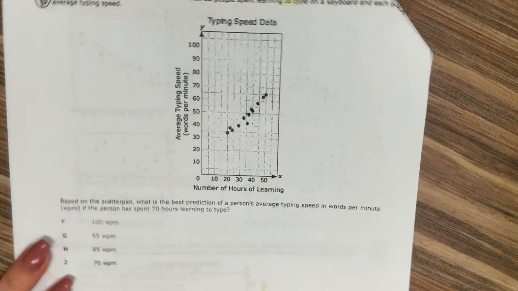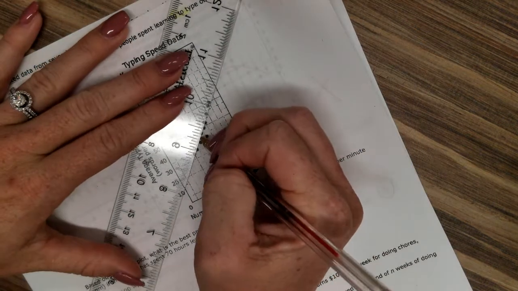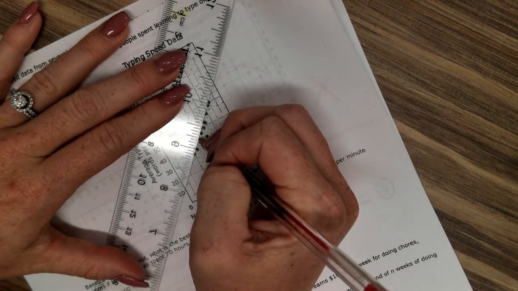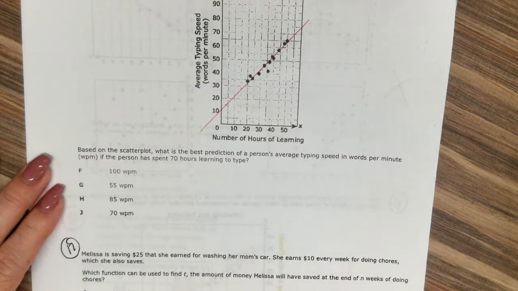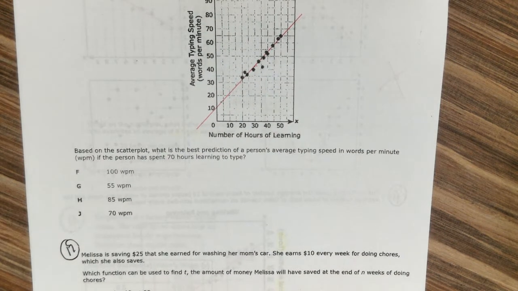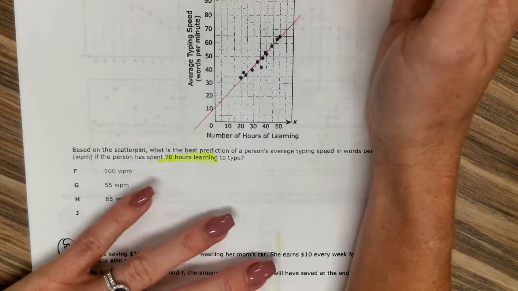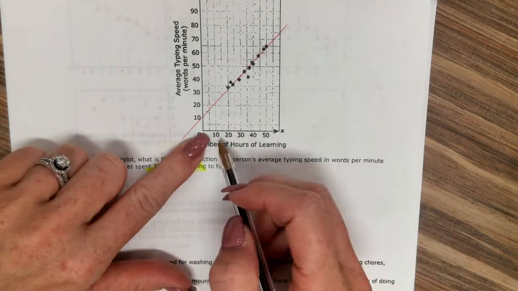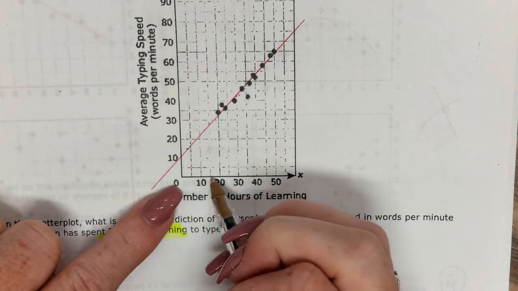Okay, the next one, I had drawn a trend line. Based on the scatter plot, we need 70 hours learning. So which axis am I looking for 70? The X or the Y? All right, what were they counting by? Don't say 10. So here's 5, 10, 15, 20.